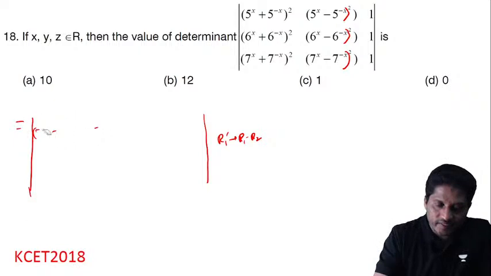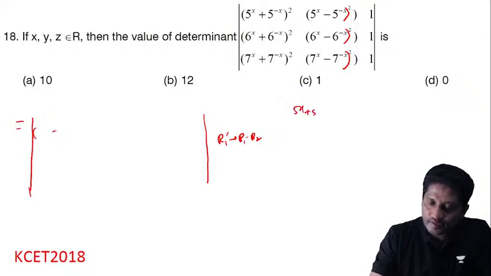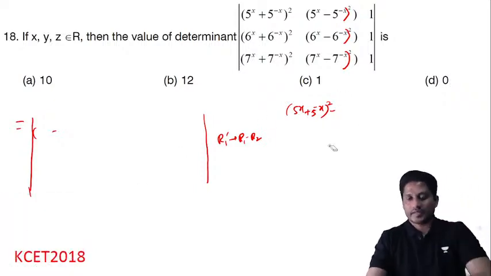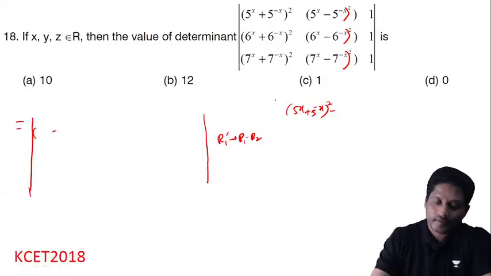I'll simplify here itself and then I'll substitute. 5 power x plus 5 power minus x the whole square minus 6 power x plus 6 power minus x the whole square.